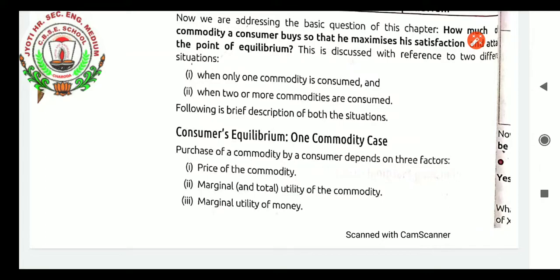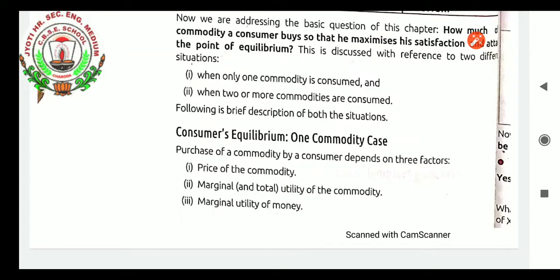He can see whether any other fruit is also available within that 60 rupees, and whether any fruits can be purchased or not. So he will be dividing his income between 2 goods and getting satisfaction from spending the 100 rupees on fruits. So that is consumer equilibrium related to the one commodity case.